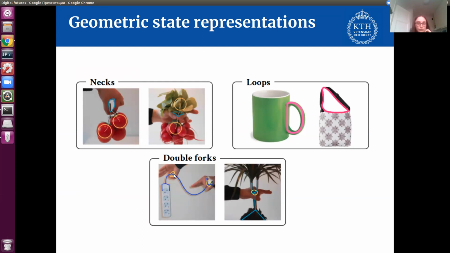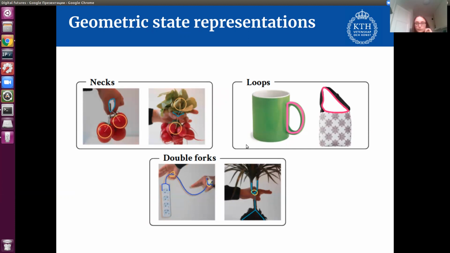And this would be really good because in this case we only have to deal with a smaller representation, only this blue part of the chord, for example, instead of focusing on the entire representation of the object. So this simple shape representation allows us to extract the minimum necessary representation of the state.